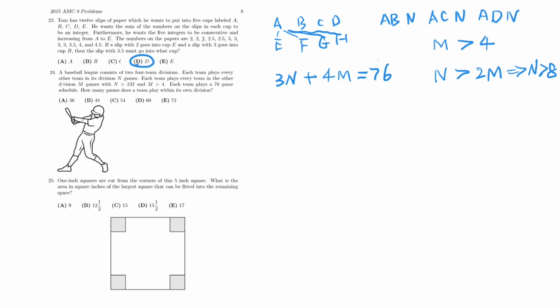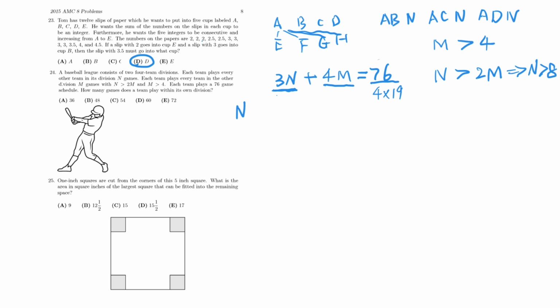Look at this equation. 4M is a multiple of 4. 76 is also a multiple of 4, that's 4 times 19. 3N must be a multiple of 4 because multiple plus multiple is a multiple. So 3N must be a multiple of 4. So that means N must be a multiple of 4. And also N greater than 8, that's 12.